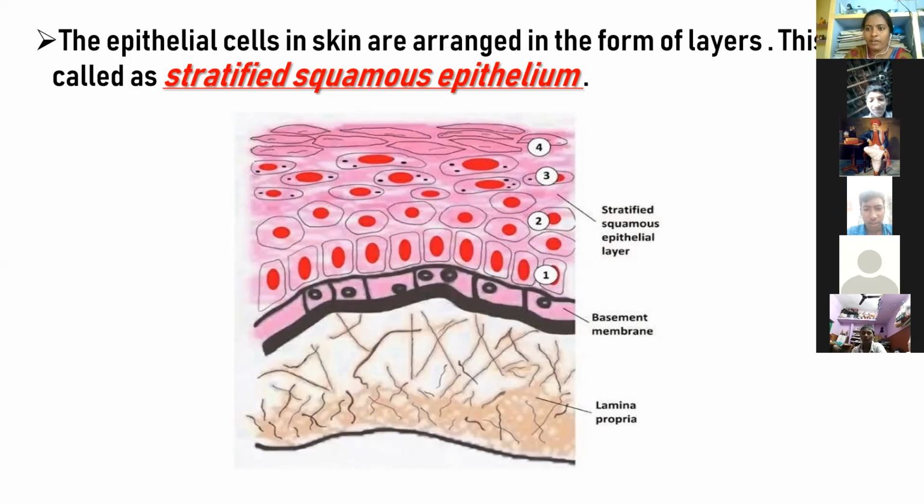This tissue is called stratified squamous epithelium.